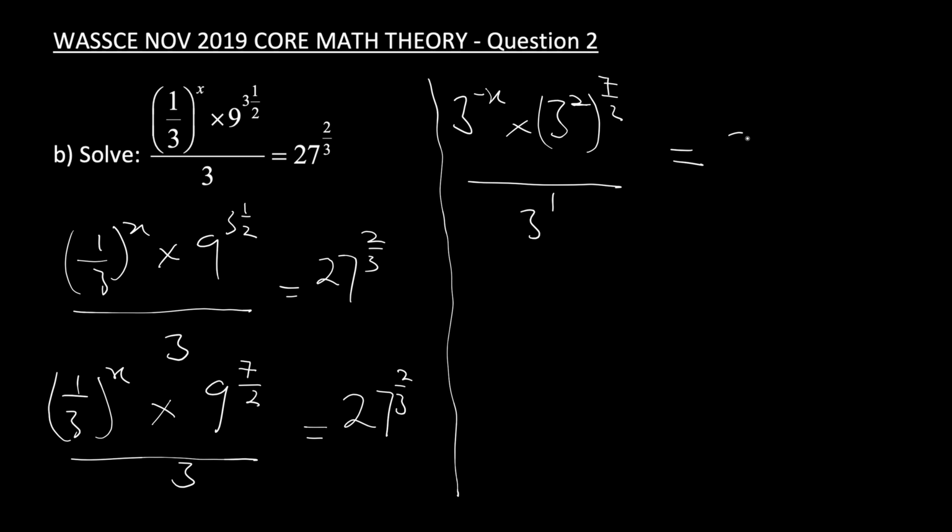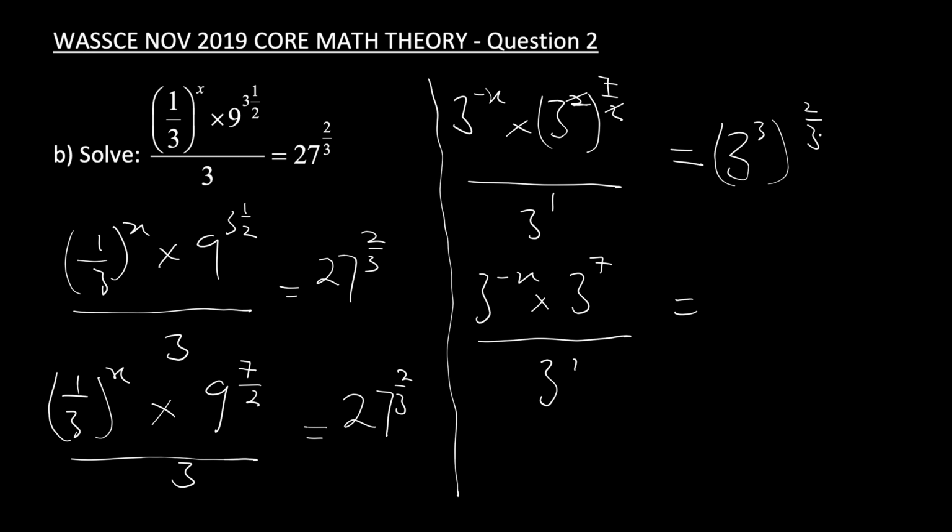So we have 3 raised to the power 3, then 2/3. This gives us 3 raised to the power negative x times 3 raised to the power. So 2 cancels 2, we have 7, all over 3 raised to the power 1, is equal to, this cancels this, we have 3 raised to the power 2.